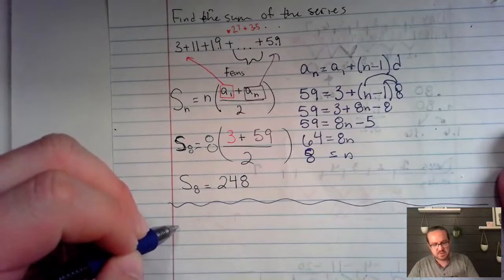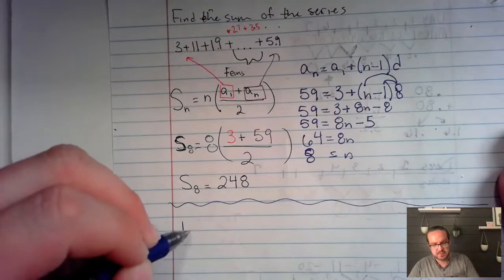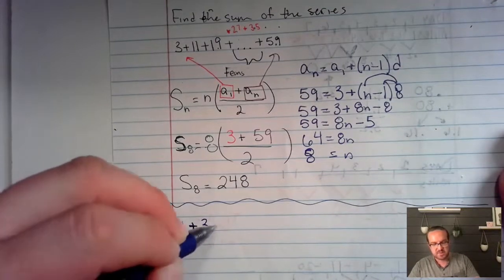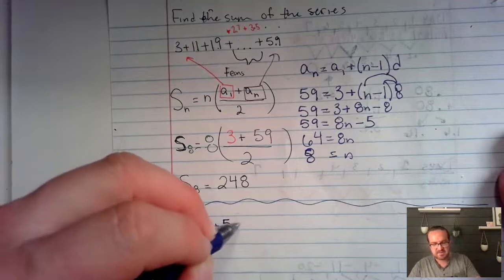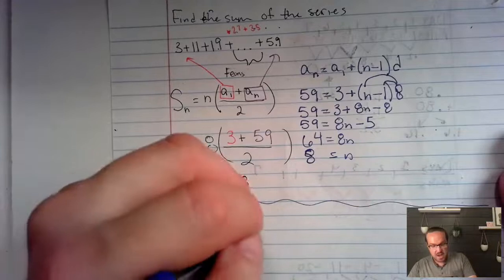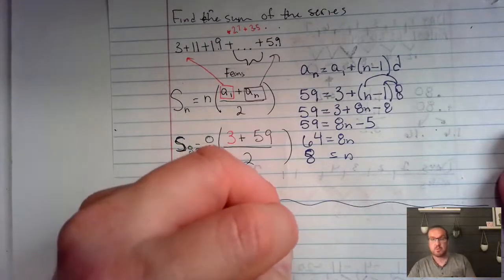If the first term is 1, oops, I want to make this a series. The next one is 3. Next one is 5. The next one is 7. Remember, there's more terms in there.